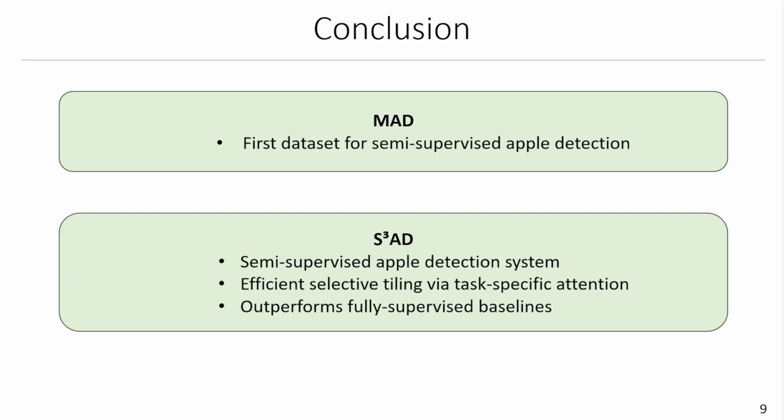In summary, in this work, the first semi-supervised apple detection dataset is presented and a novel semi-supervised apple detector is proposed that uses task-specific attention to perform efficient selective tiling and outperforms all fully supervised baselines on the MAD dataset.